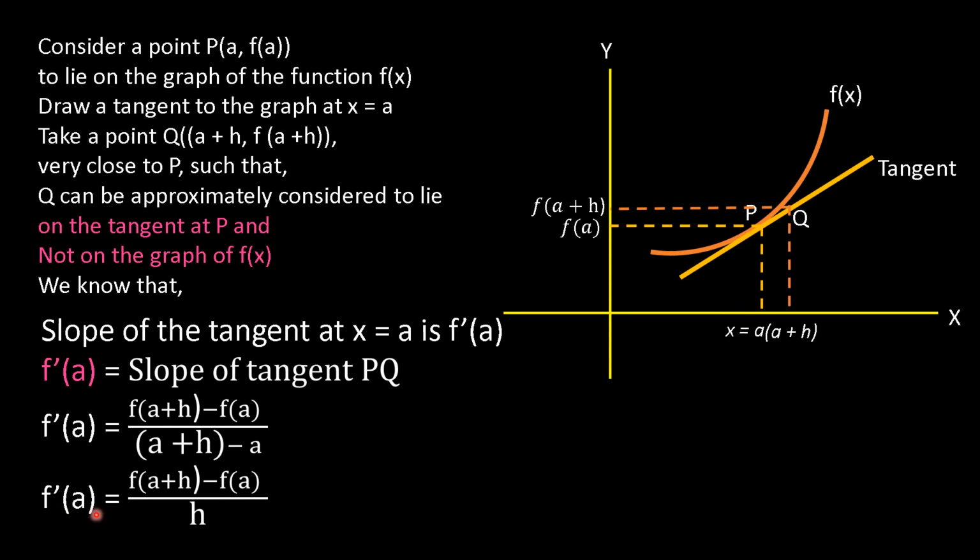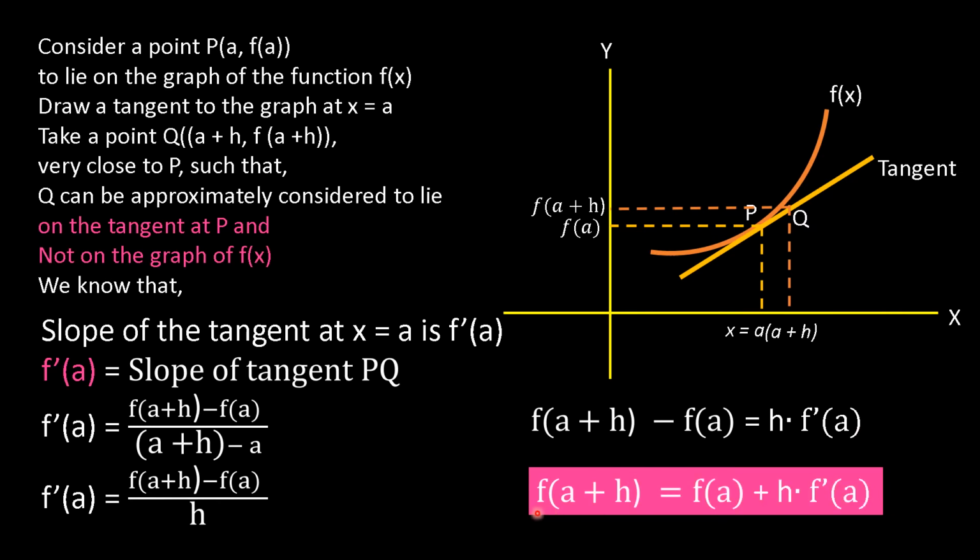This will be f dash a equals f of a plus h minus f(a). A minus a will be 0, so it will be divided by h only. So we write f of a plus h minus f(a) equals h times f dash a.